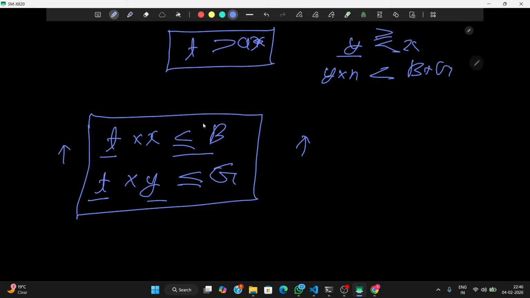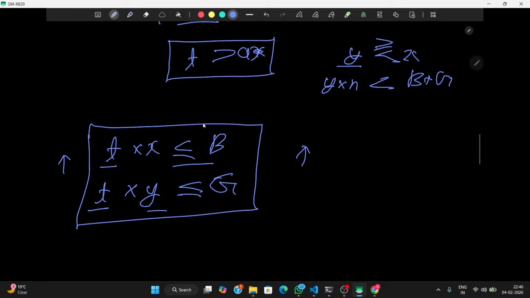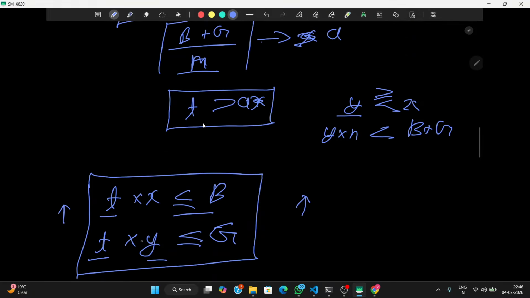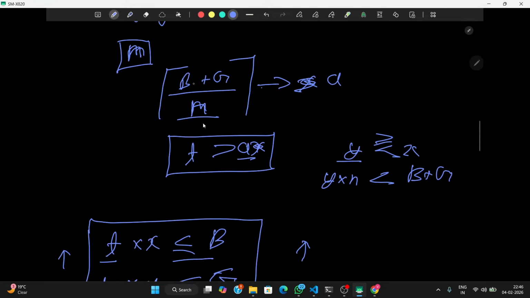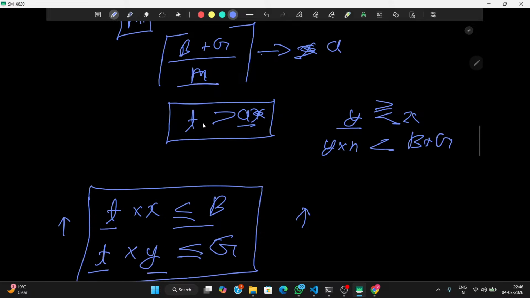So it's best for t to be as small as possible, and the minimum value of t can be a, that was the ceil of (b plus g) by n. So the minimum number of possible rooms will be simply this a, that was the ceil.